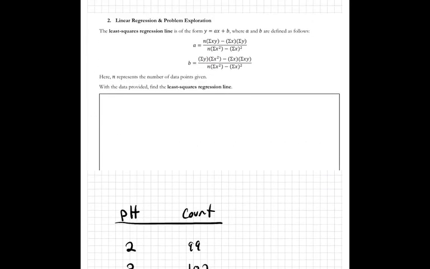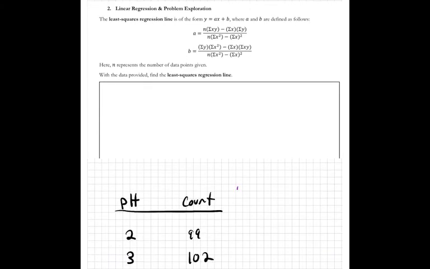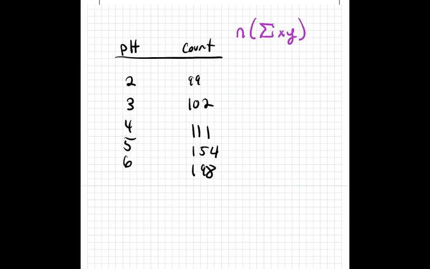So if we're going to use this formula, let's go term by term. Let's start off with that first term, which is n times the sum of x times y.